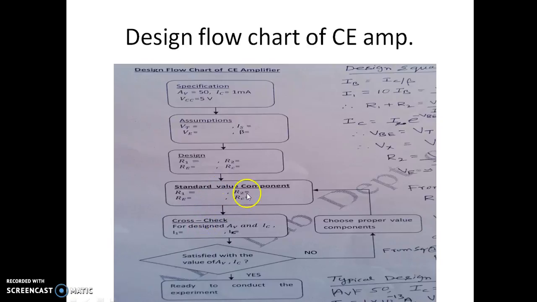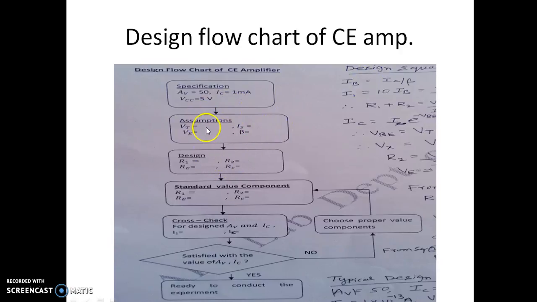Then you cross check with these modifications in the values whether your design is well within the tolerance. If you're satisfied with this, then you can go and conduct the experiment. If you're not satisfied, you can go back and change the standard values so that you get the desired value of AV and IC. This is how you can design your amplifier with the equations, and this is the flow chart.